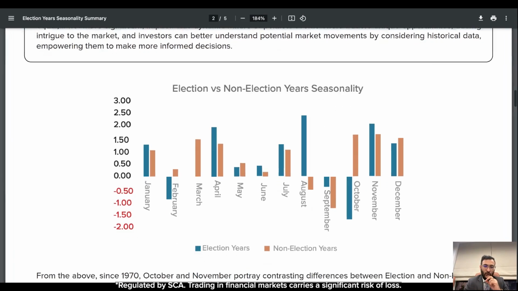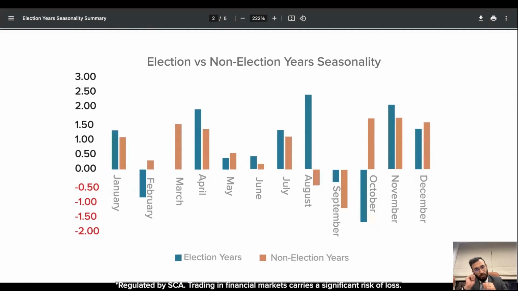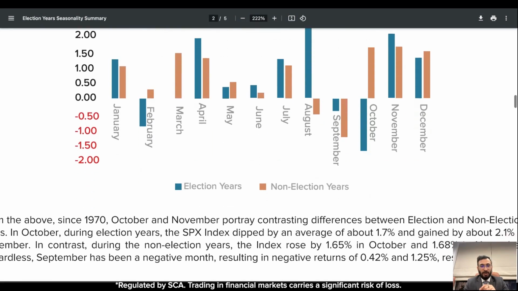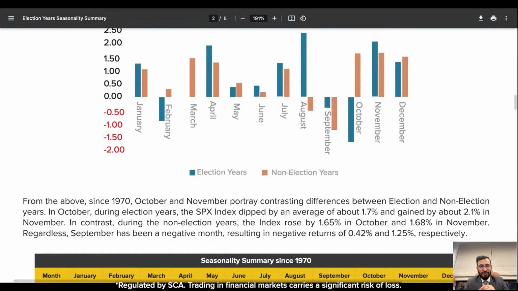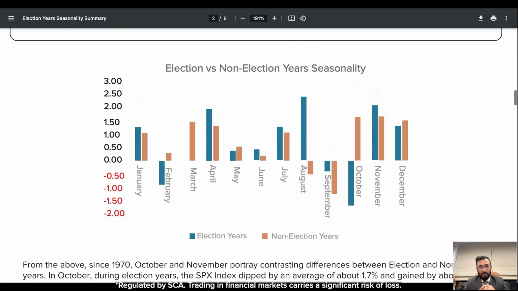The ones in blue are the election years, and the ones in orange are the non-election years. And look at the month-on-month seasonality of the markets. This is the performance of the S&P 500.